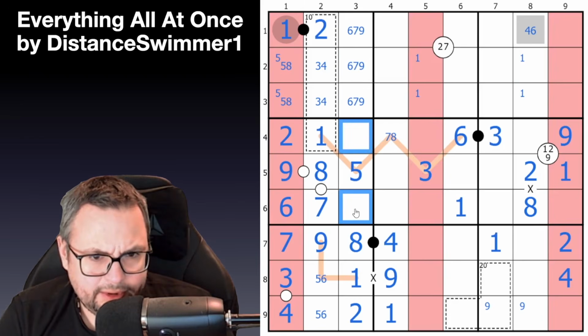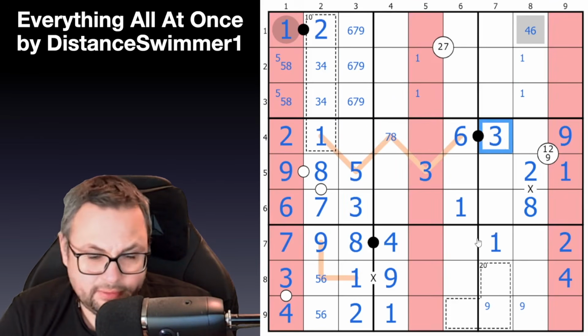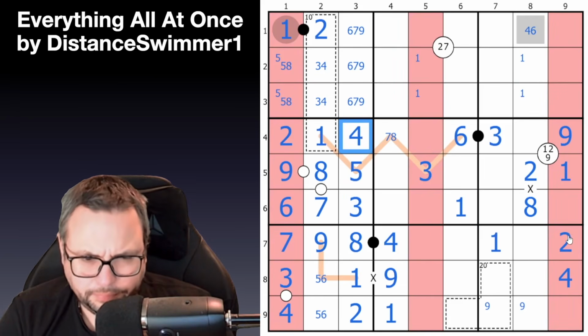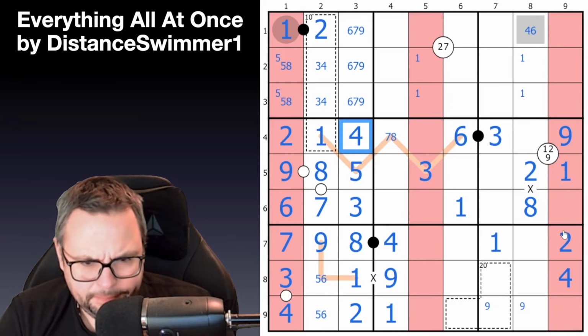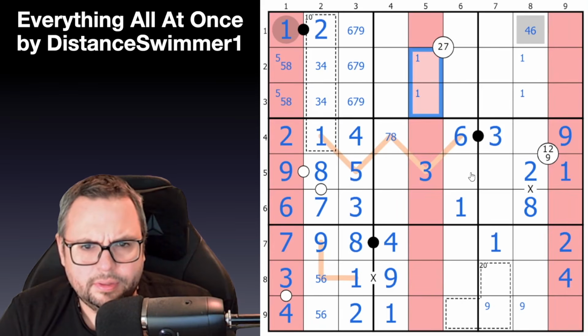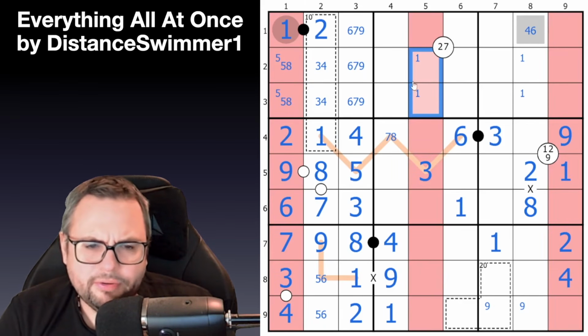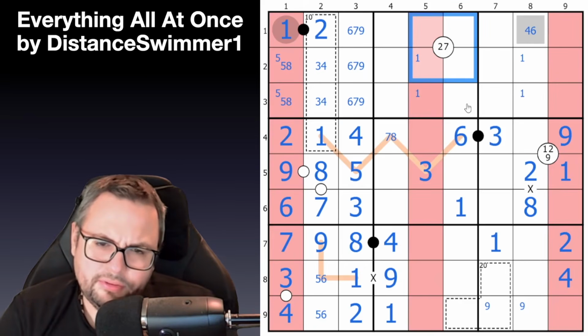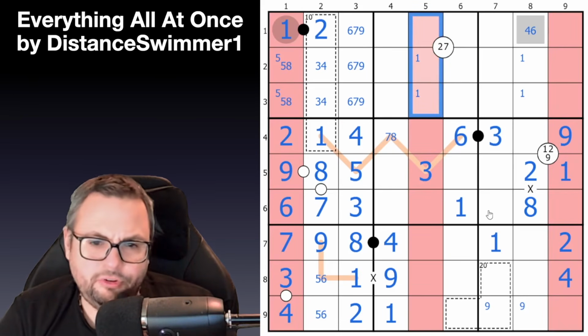Let's see, what's left in this box? One of these is a 3, and it's that one because of that 3. That's a 4. I can respect that. Let's see. Okay, so by virtue of the fact that one of these is a 1, we can actually use the same trick to ask where the 2 goes on this quadruple, because I can't put a 2 in these cells, right?